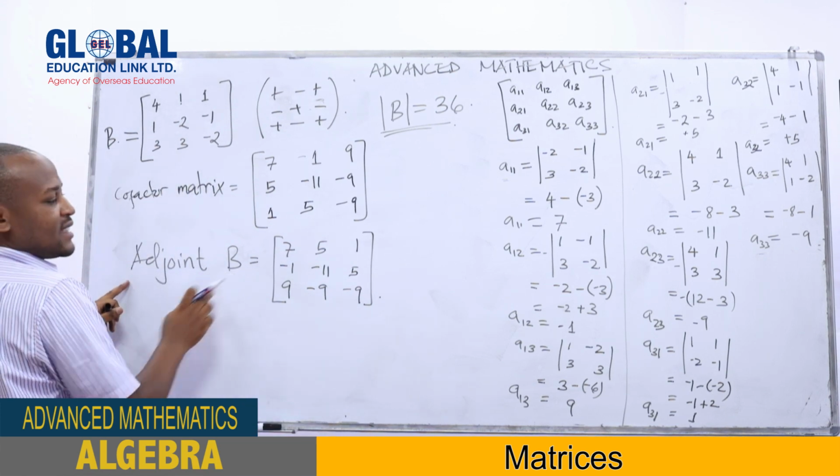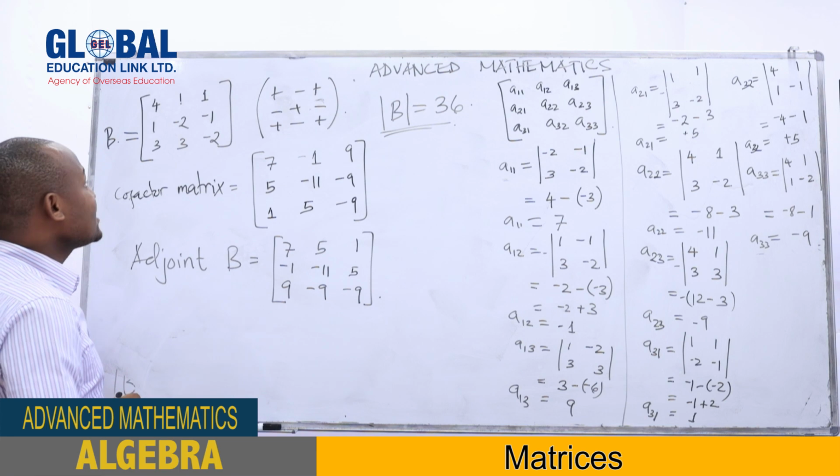Then, if this is the adjoint matrix, what is the inverse of B?